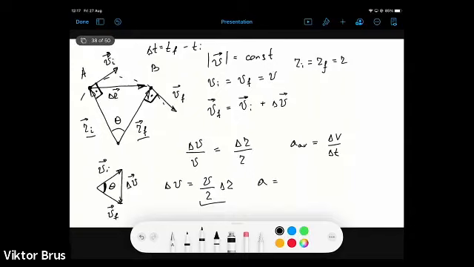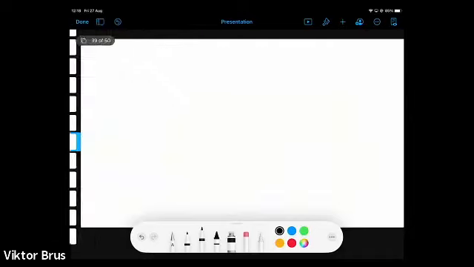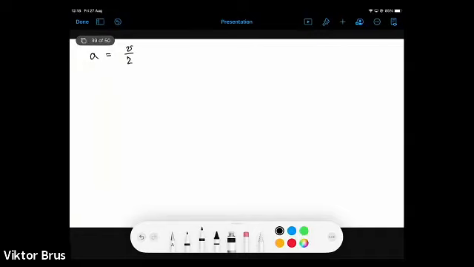So we can just write a is equal to V divided by R times delta R over delta T. Let us keep this in mind, so maybe we can write it on the second slide. Acceleration is equal to V divided by R times delta R over delta T.